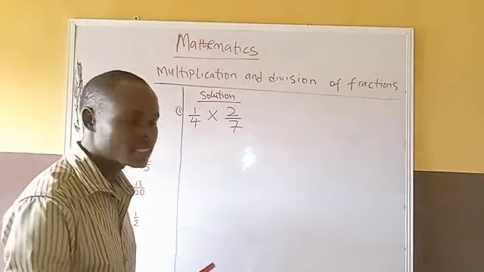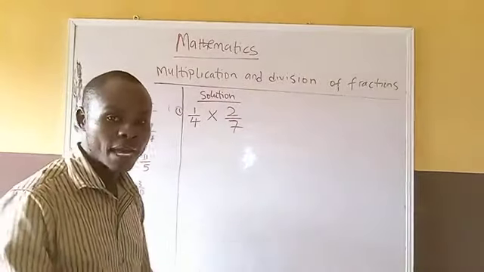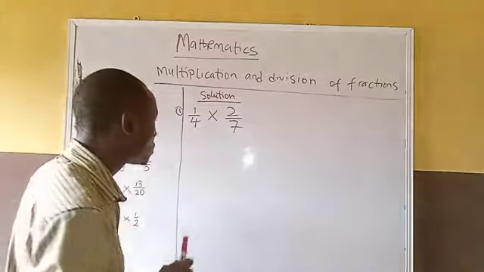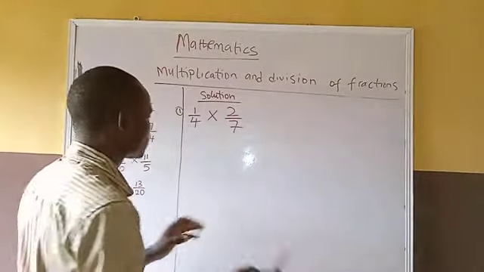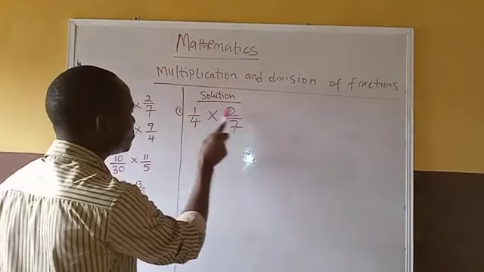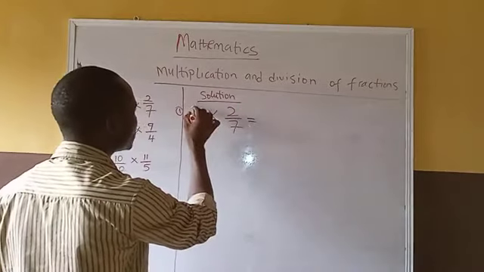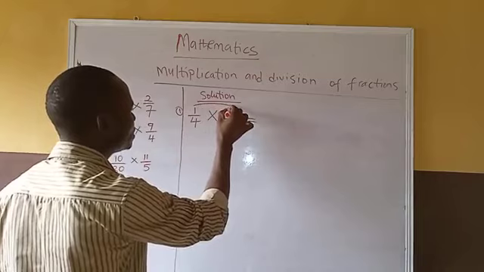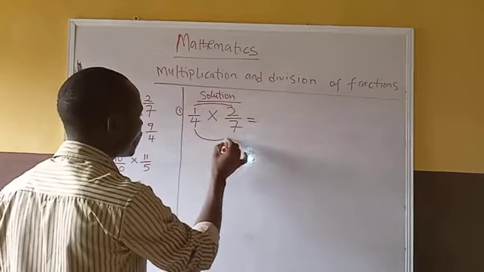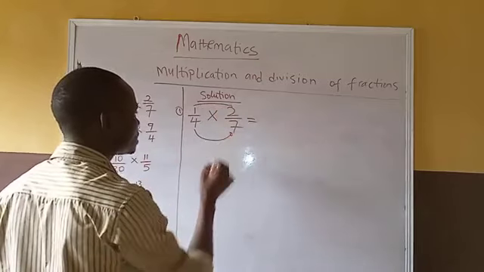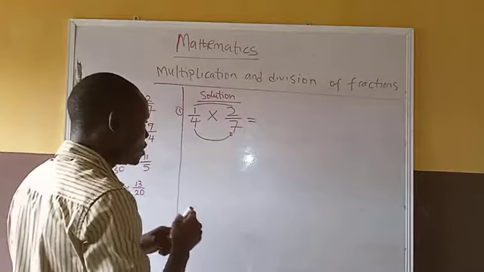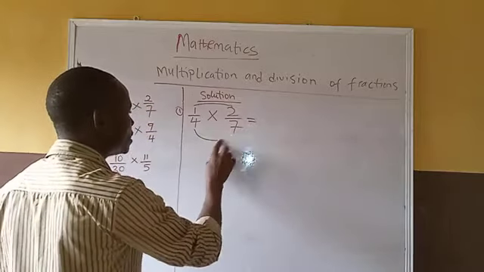In this case, there is no plus and no minus. What we do is 1 times 2, this 1 multiplied by this 2, then this 4 multiplied by this 7. That is what you do when you are multiplying fractions.